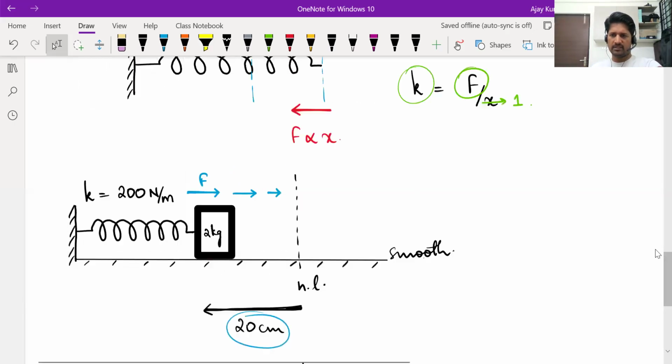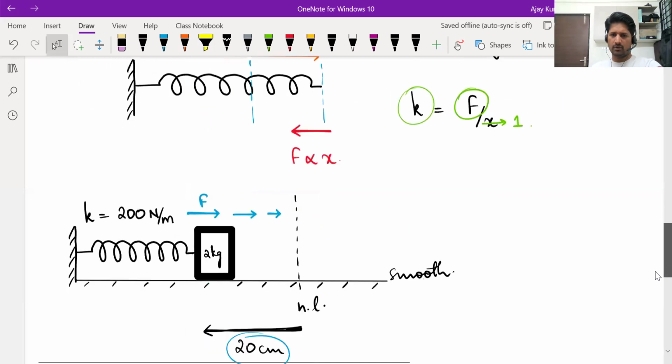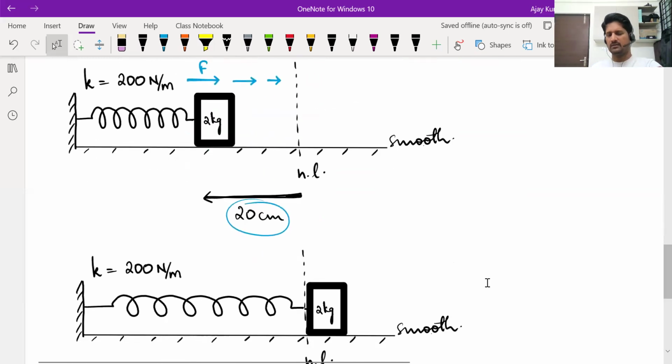Earlier it was compressed. By pushing the block forward, it came to its natural length. Will the block immediately stop or will it go to the other side? It will stop, sir. Can you justify that? It was being pushed, right? If it was being pushed, it would have gained some velocity. Where will that velocity go then?